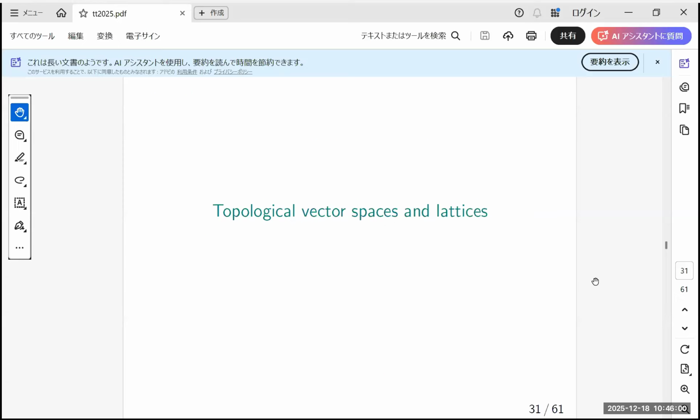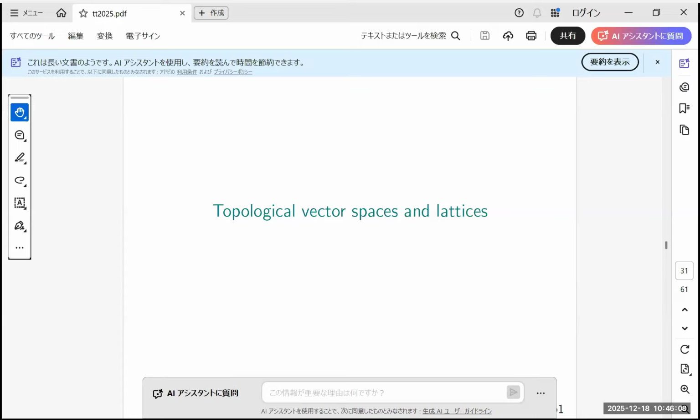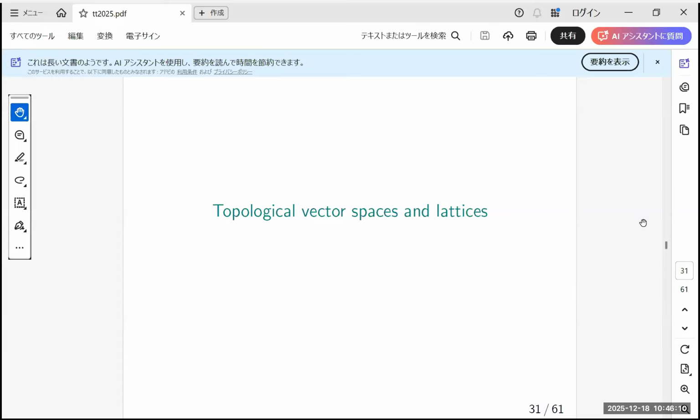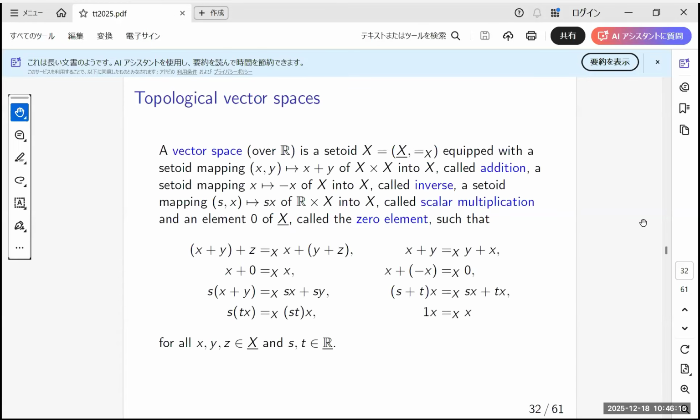And then we are going to introduce topological vector spaces and lattices. A vector space is defined as usual, but for the conditions of axioms, we use an equivalence relation instead of equality.